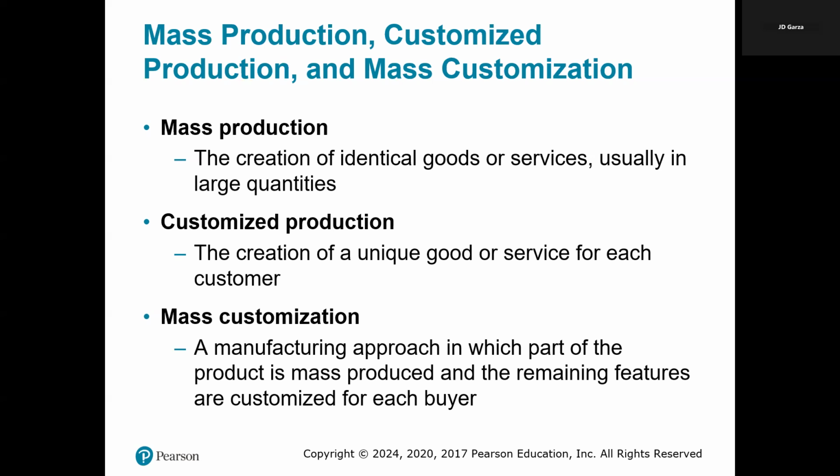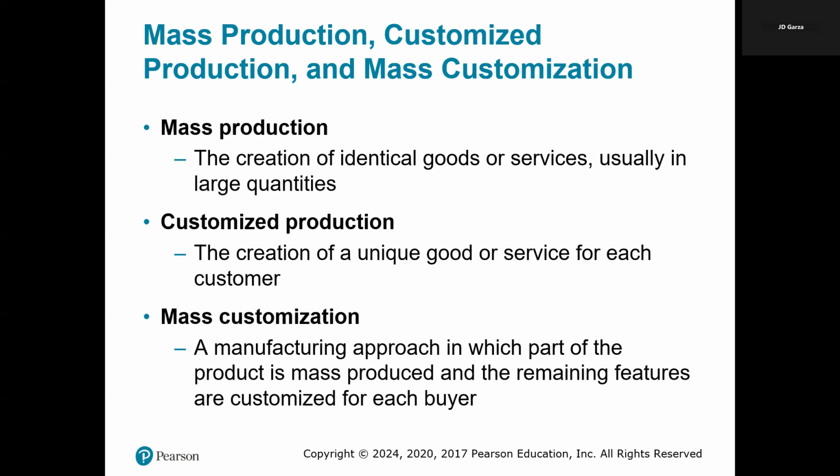Okay, this is the manufacturing of large quantities of identical goods or even services. It uses assembly lines and standardized processes to maximize efficiency, reduce costs, and achieve economies of scale, meaning that it's commonly used in industries like automotive, electronics, and consumer goods.